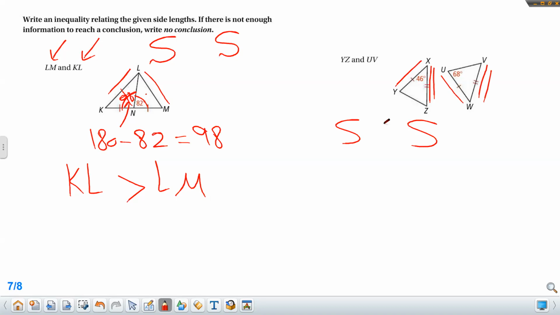Here you have 46 as the included angle, but the included angle here is not known. So there is not enough information to reach a conclusion. Because here you have an included angle, but here you don't. So we just say no conclusion.